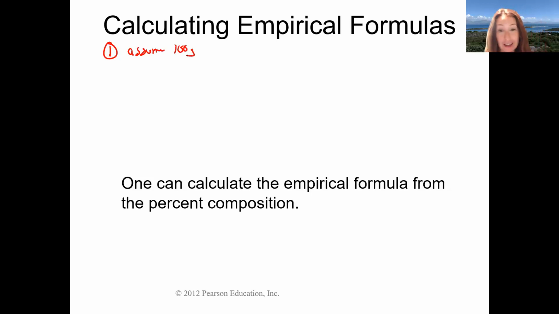We're going to be doing this in class, by the way. You either assume 100 grams or they give you grams. You need to get to grams. If they give you percent, you assume 100 grams. Second step is you go from grams to moles. The third step, let me try to write this neater. Divide by the smallest number.